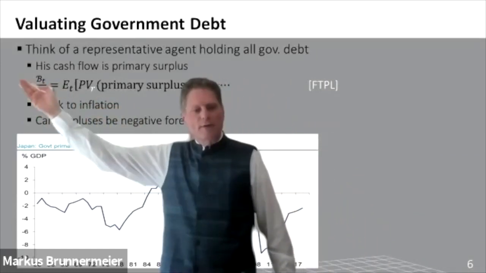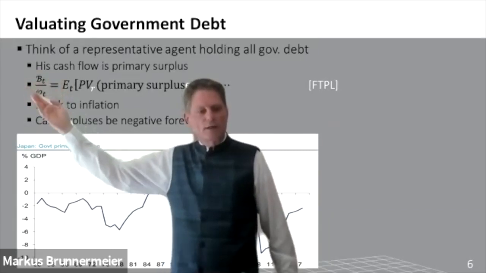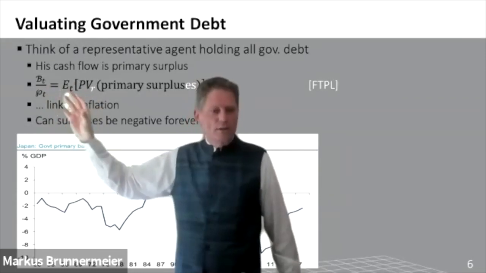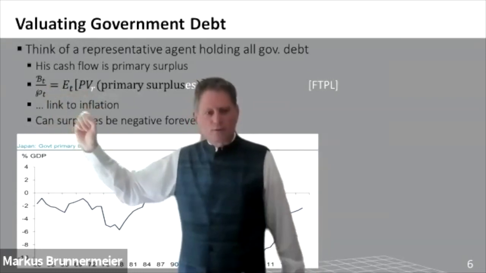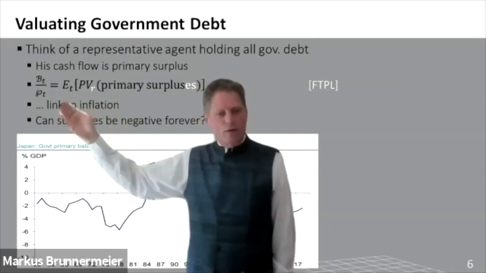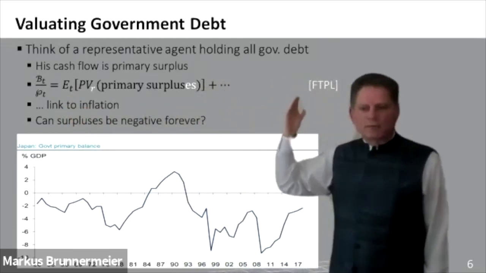So the nominal value of government bonds, script B, divided by the price level, is the real value of the government bonds. I threw out the money because reserves are also a form of debt, they just have a different maturity. And I don't look at the rollover risk aspects right now. I will come back to this later. And that's the famous fiscal theory of the price level equation.